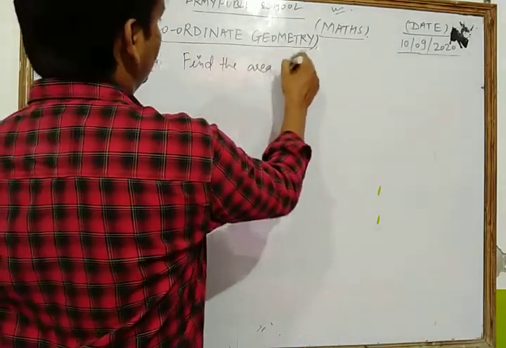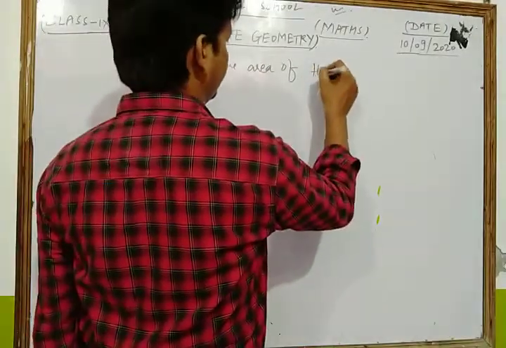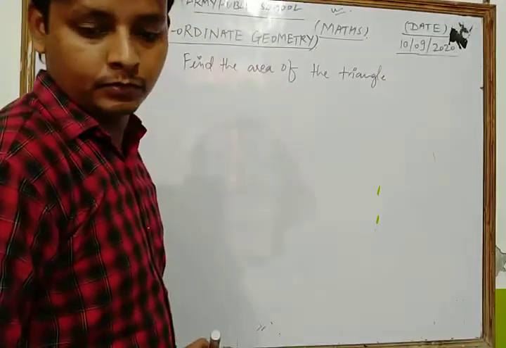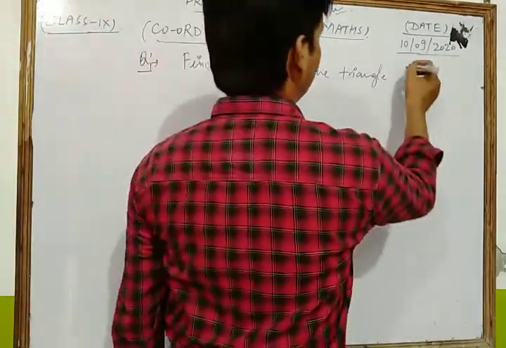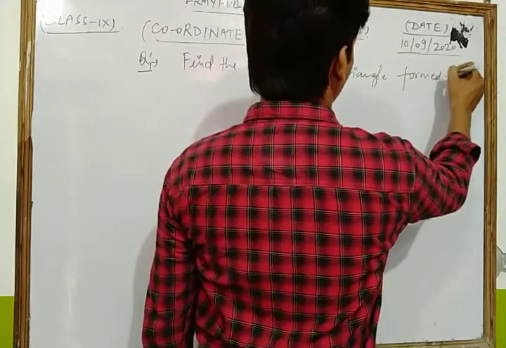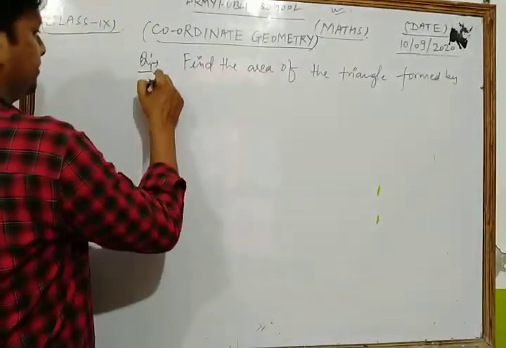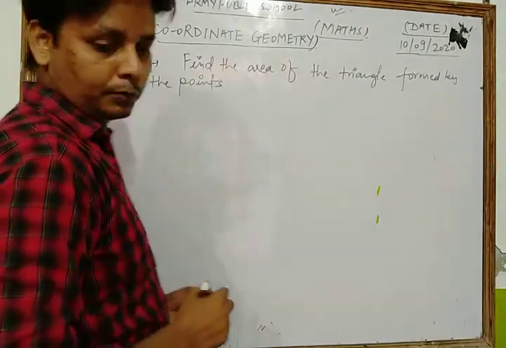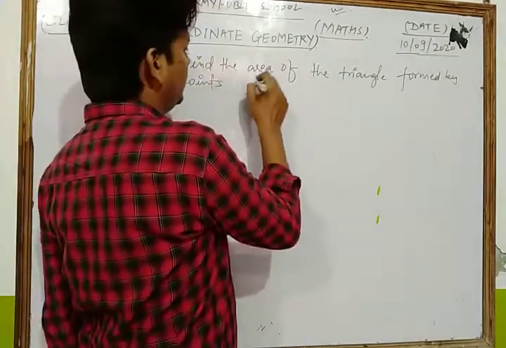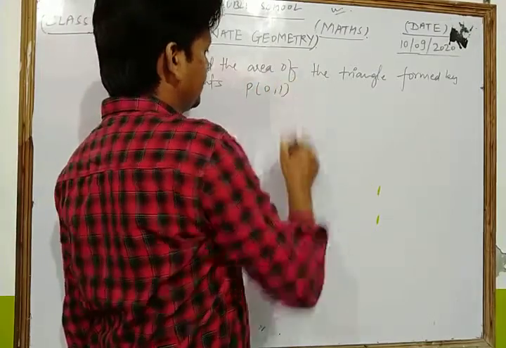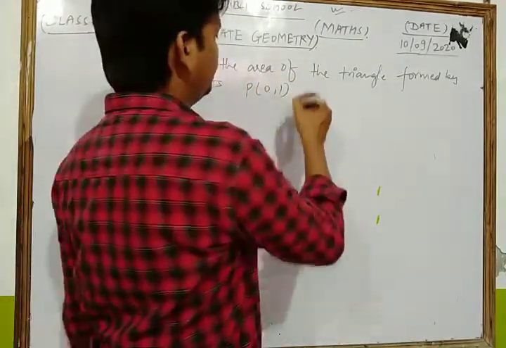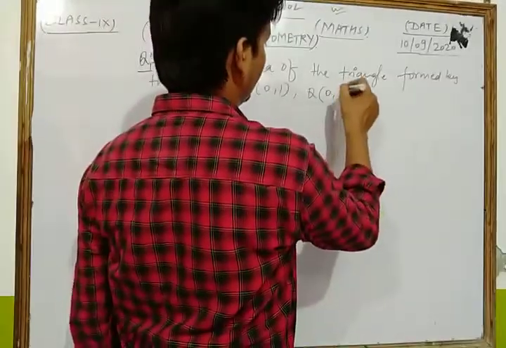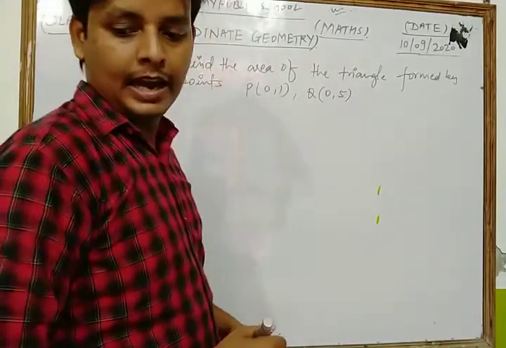Find the area of the triangle formed by the points P(0,1), Q(0,5) and R(3,4).